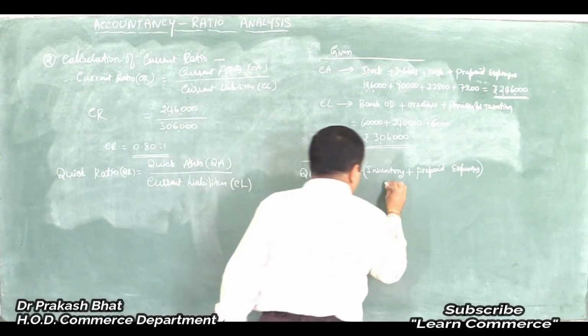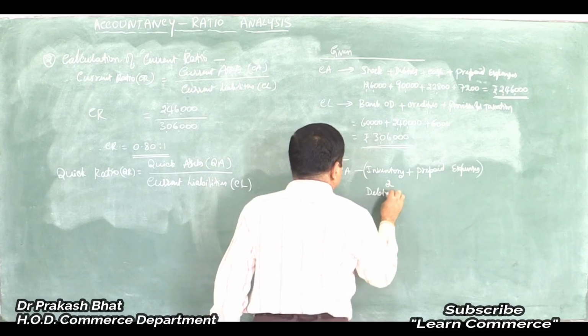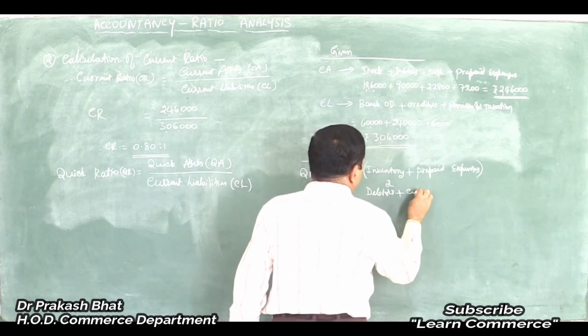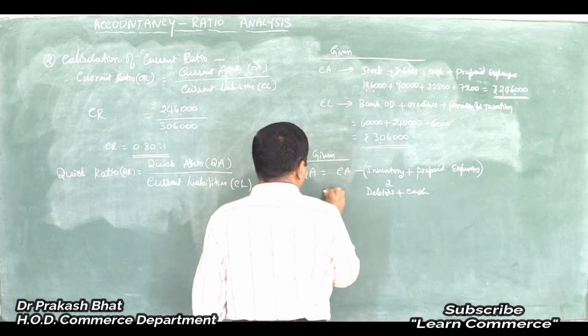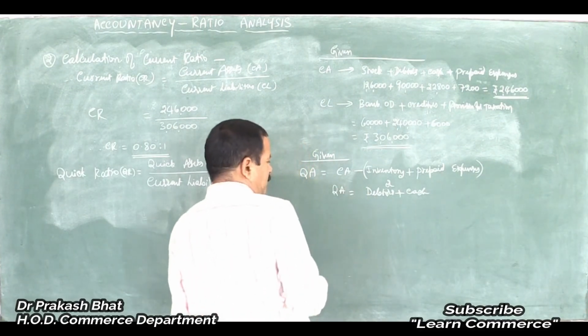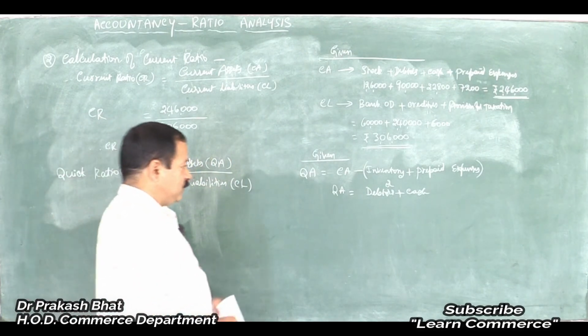I'll write here: quick assets is equal to debtors plus cash. That's all. So substitute the figures.